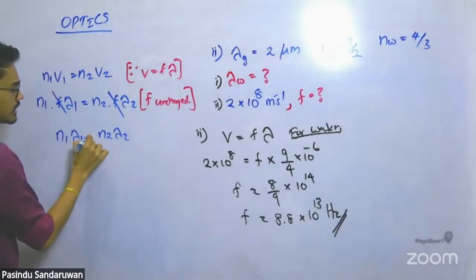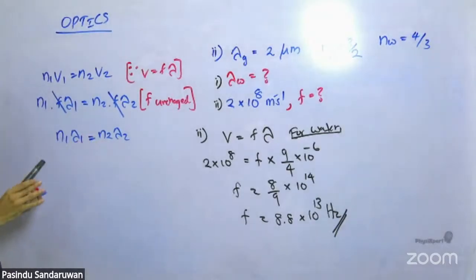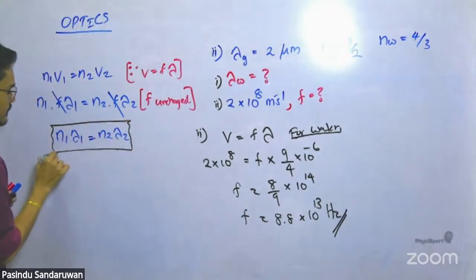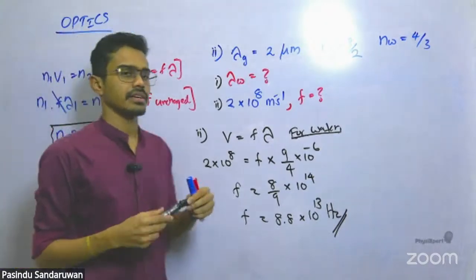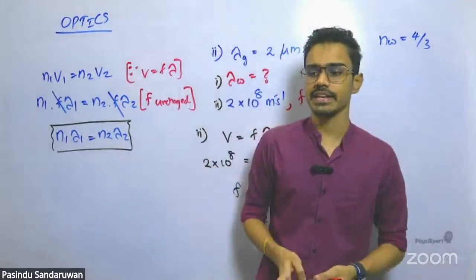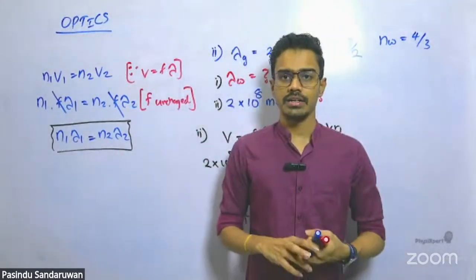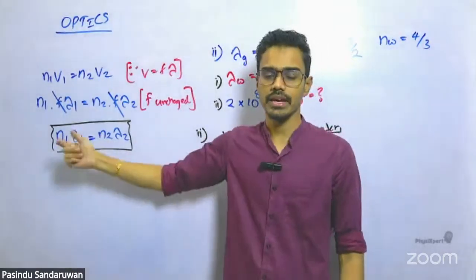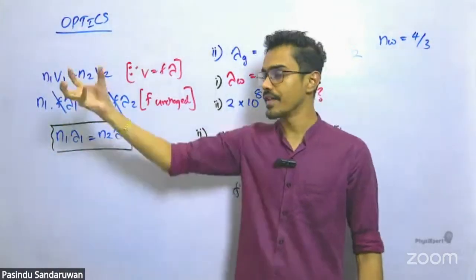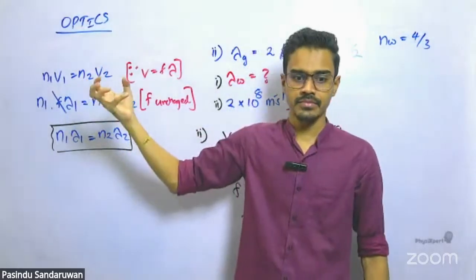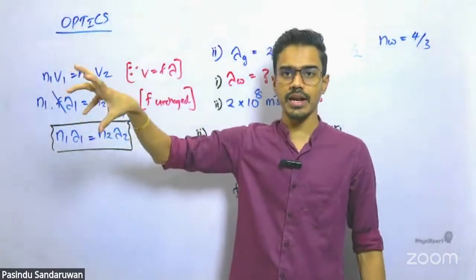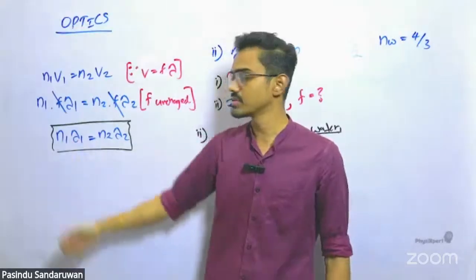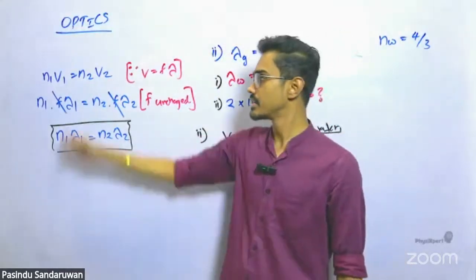So if we need a direct relationship between refractive index and wavelength, we can directly apply n1 lambda 1 equals n2 lambda 2, which is derived from n1 v1 equals n2 v2. Hereafter we can use this as a direct equation.